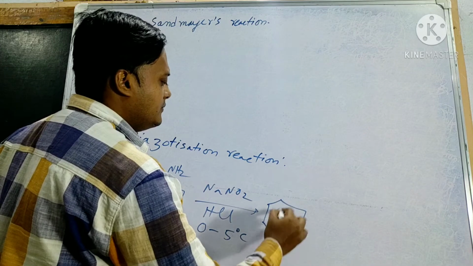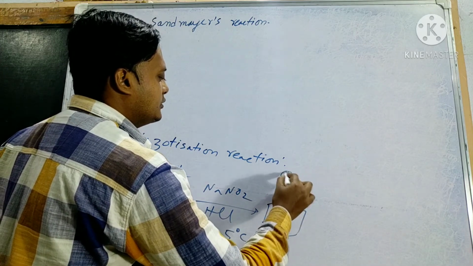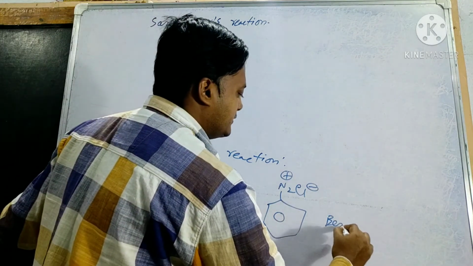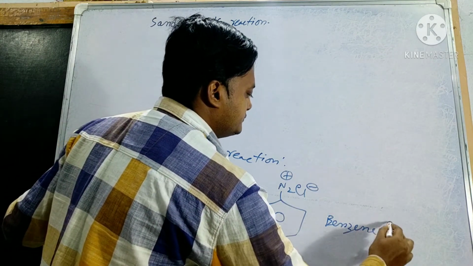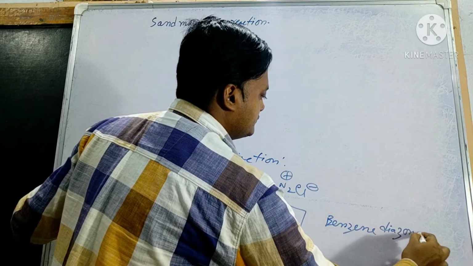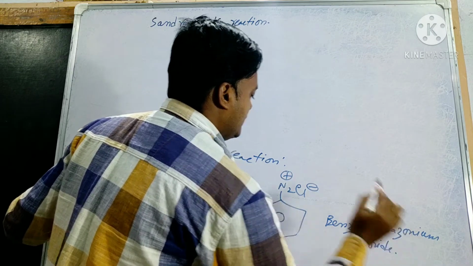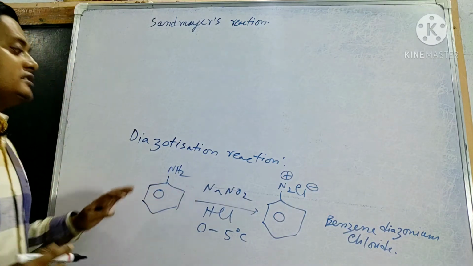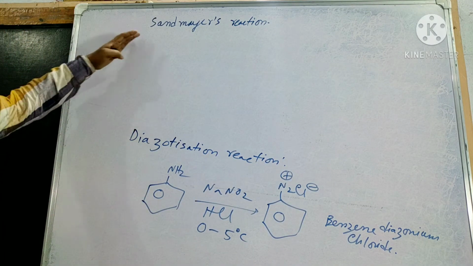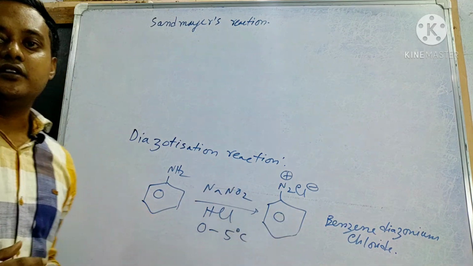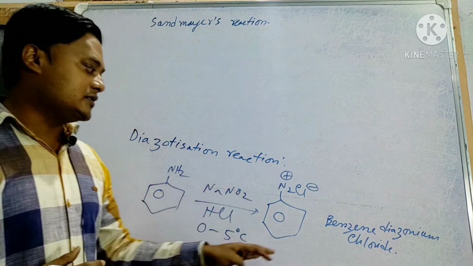It will form benzene diazonium chloride, N2 plus Cl minus. Now this reaction is diazotization. Actually in Sandmeyer reaction, the starting material is benzene diazonium chloride. So first you have to learn that diazotization reaction.